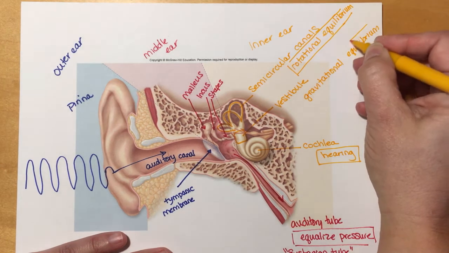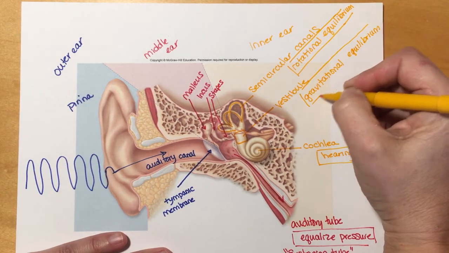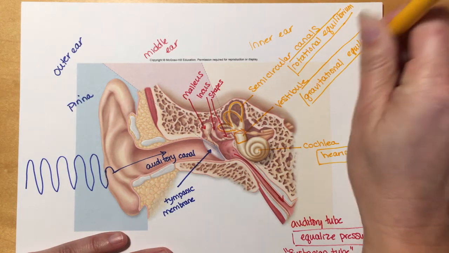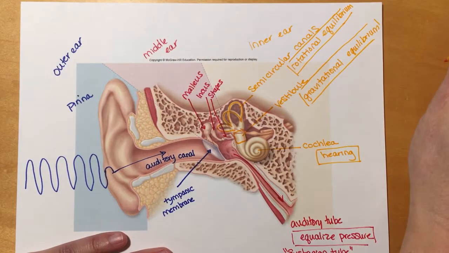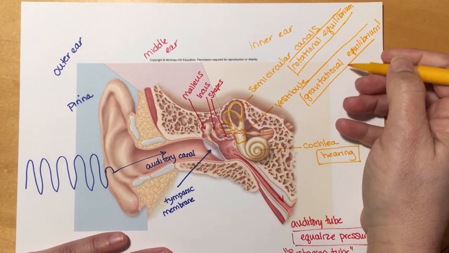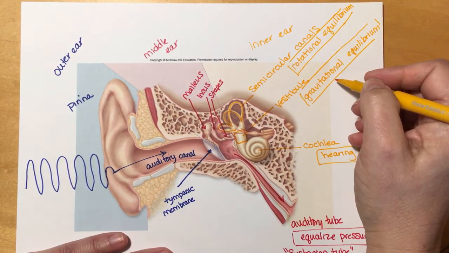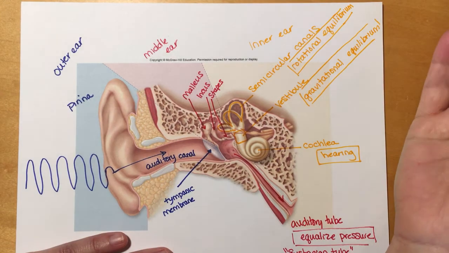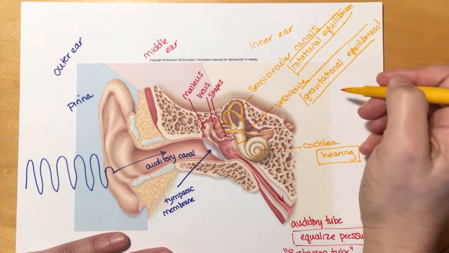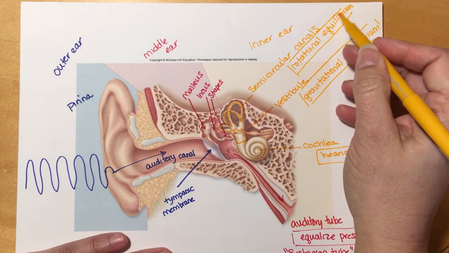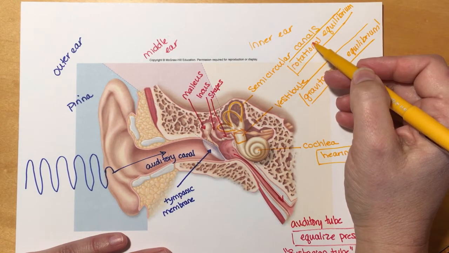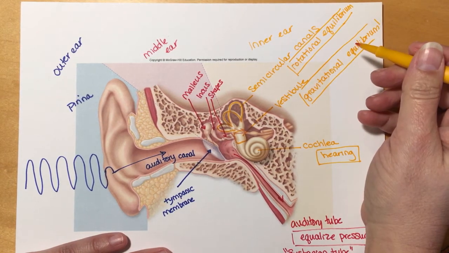And gravitational equilibrium means this will help you determine whether you're moving up or down or backwards and forwards. So when you're in a car and you start to accelerate, you can feel it because of the vestibule. If you're in an elevator and you're moving up or down in the elevator, you can feel it because of the vestibule. However, if you're spinning in circles, that would be the semicircular canals that are going to help you detect it.